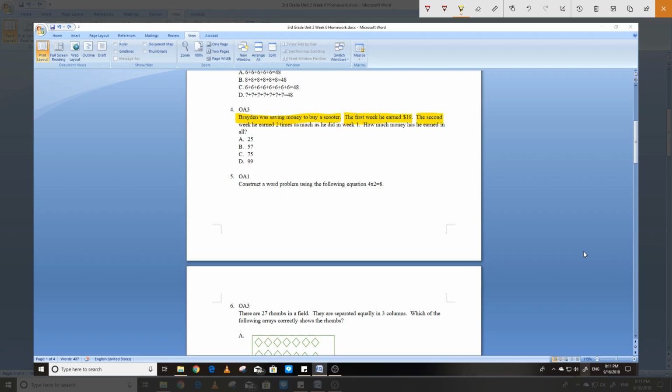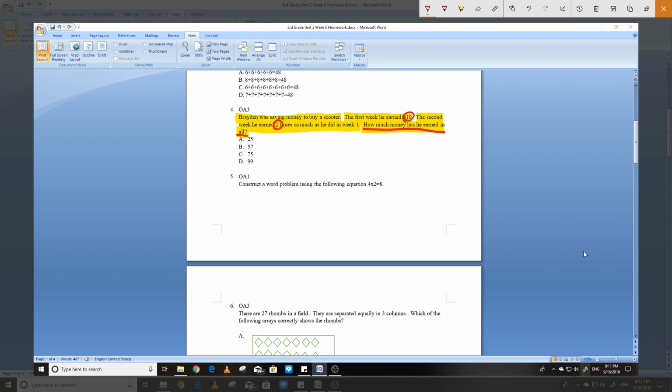The second week he earned 2 times as much as he did in week 1. How much money has he earned in all? So let's first circle our numbers. The number here is 19 and then 2 times, right? He did in week 1. And let's underline the question. How much money has he earned in all?